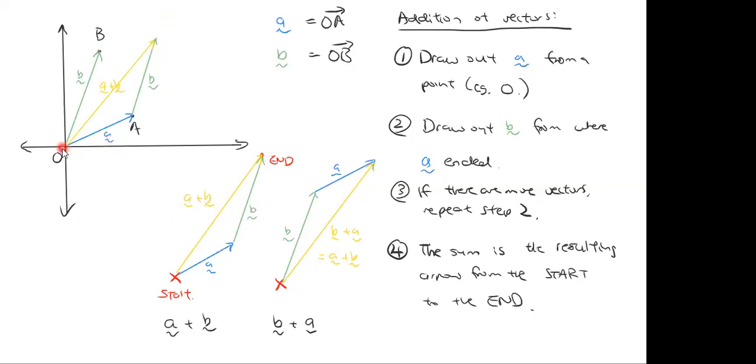Having said that, if I did B and added A, now, okay, my drawing is not perfect, clearly, but remember, these two are meant to be in the same direction and the same length, right? And these two are meant to be the same direction and the same length, right?